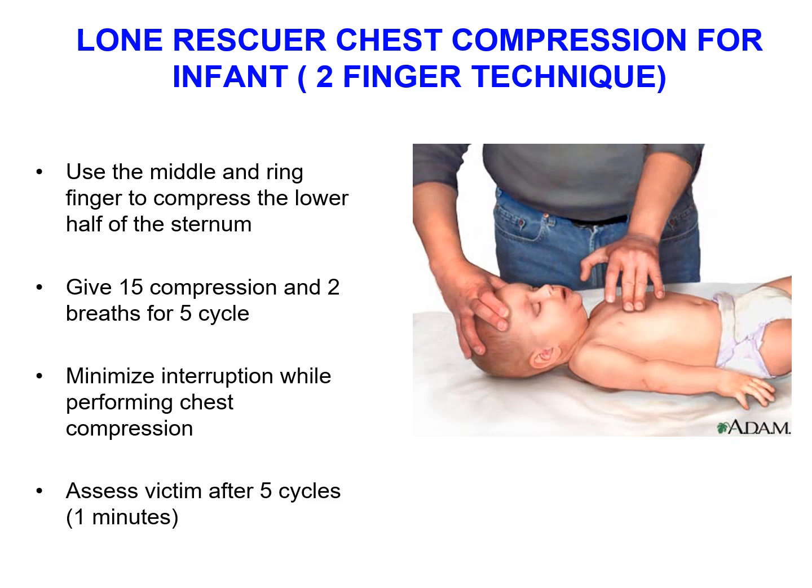During the compression, both fingers ideally should be straightened at all times and provide downward compression force to the infant. Give 15 compressions and 2 rescue breaths for 5 cycles. Minimize interruptions while performing the chest compression. Assess the victim after 5 cycles or 1 minute.